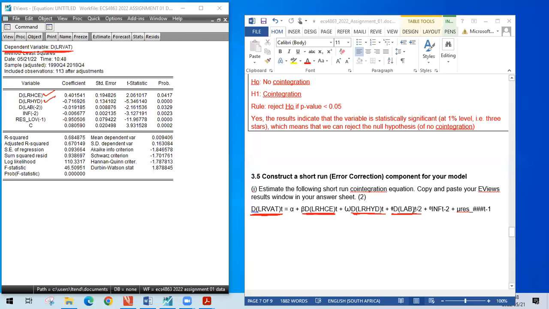This one, lagged twice, it's here. Inflation, it's here. There's RESLOV, it's here. And automatically, this one is created. That's the C to be created automatically. That's what I have there. So I'm happy. I can safely say, this is my ECM.